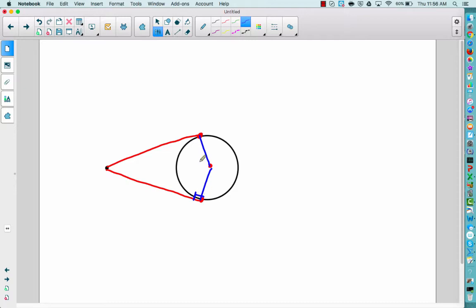That creates a 90-degree angle on both of them. Now I'm hoping that you see that we've created a quadrilateral. And I'm going to call this angle A and this angle B, or point B, so angle B. If these two are 90 degrees, what does that tell me about the measure of angle A plus the measure of angle B?